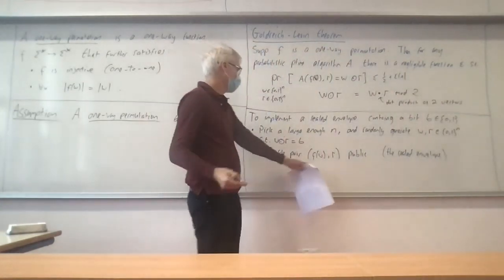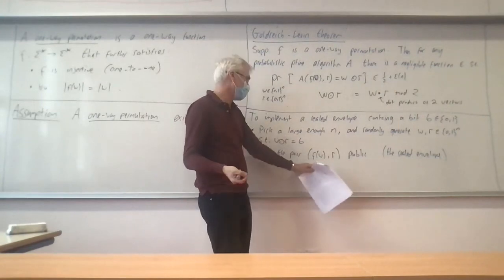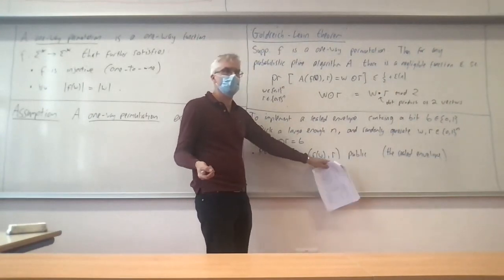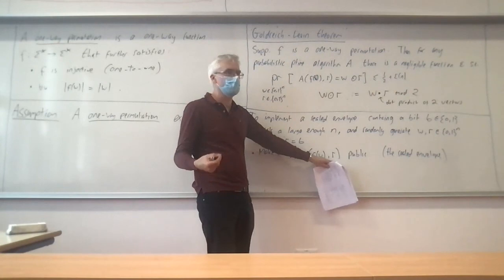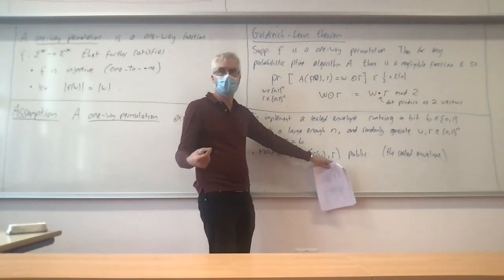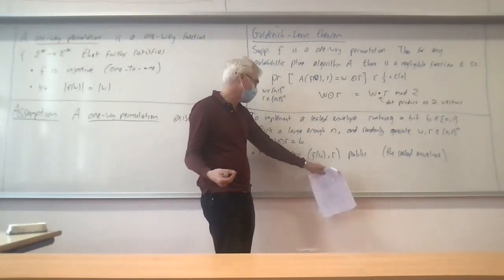So we've got a bit. We're not telling you what it is, but we're giving you the information that if we choose to reveal the bit in the future, we will be able to prove that that really is the bit in the envelope.